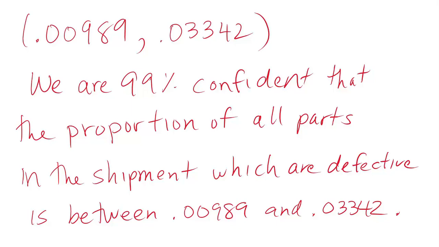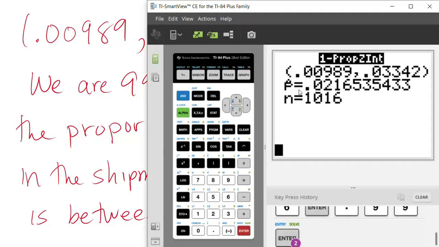So again, looking at our calculator output, the company could confidently state that around 2.2% of the parts are defective with about a 1% margin of error. They're 99% sure that they're within about a 1% margin of error. It's a little more than that, but around a 1% margin of error from that 2.2%.